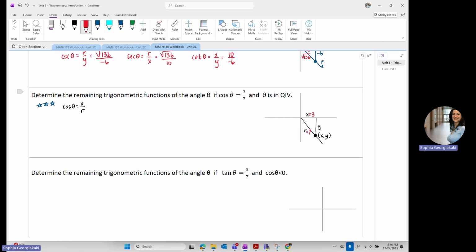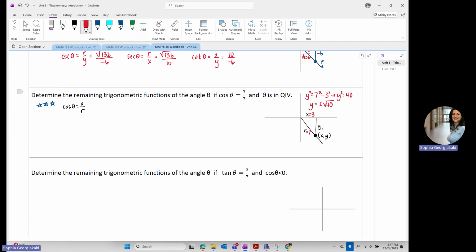So I'm going to find y using the Pythagorean theorem. So y squared will be hypotenuse squared, which is 7 squared, minus 3 squared, which is the x squared. So the y squared will be 40. Now, when I try to find y, I will say that it is plus or minus the square root of 40. And the reason is y could be positive.